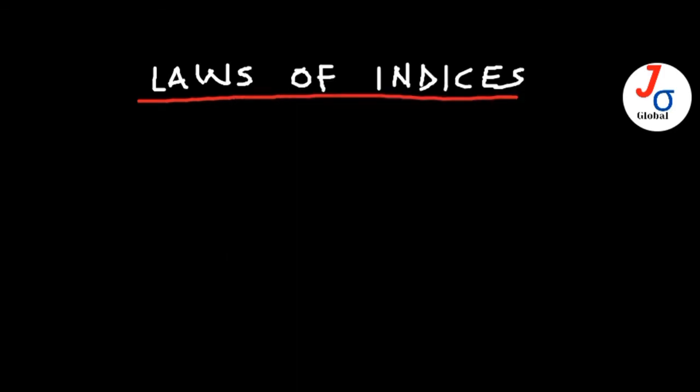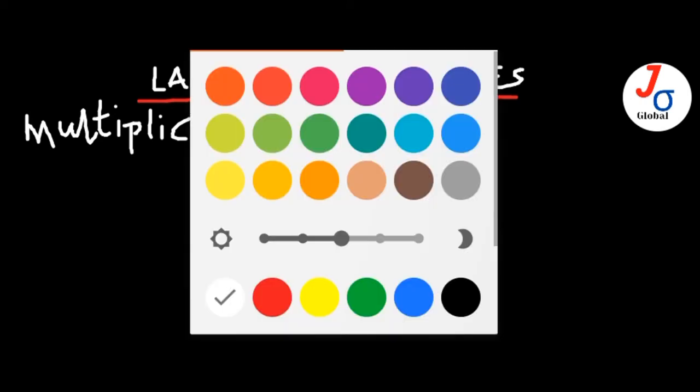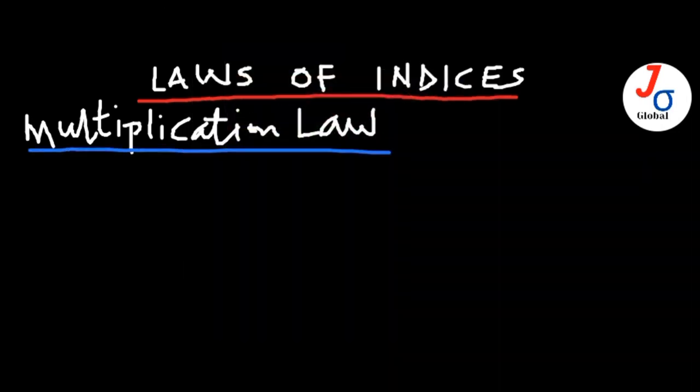The first law we're going to be talking about is the multiplication law. That is generally given as a raised to the power of x multiplied by a raised to the power of y.